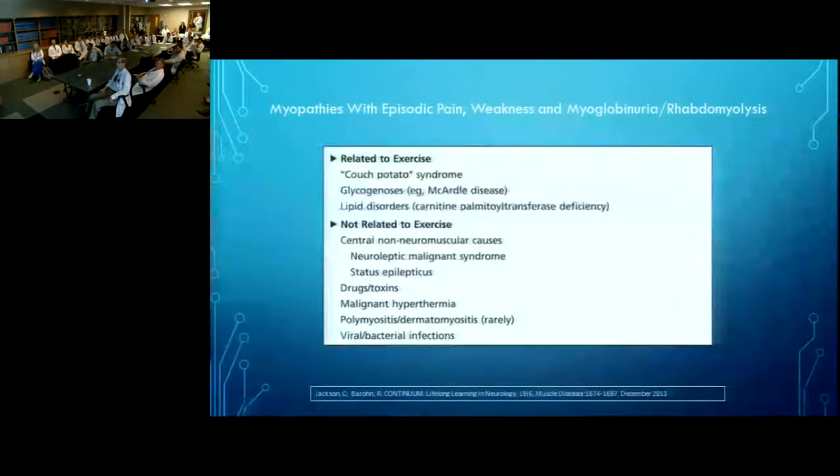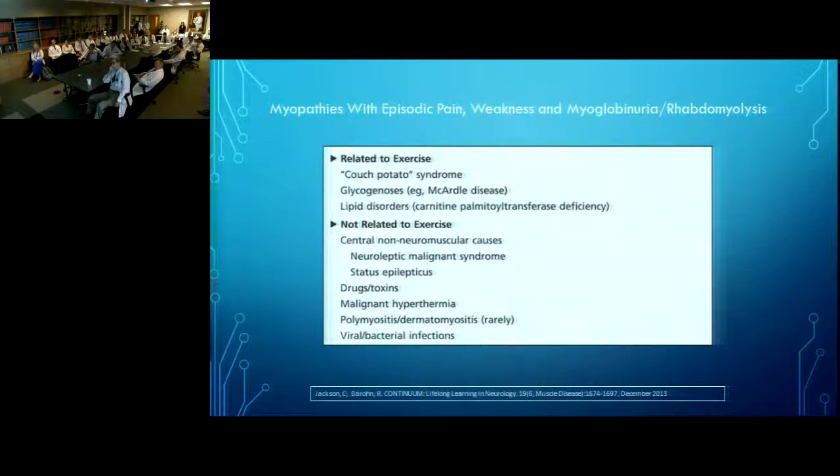But if patients are having recurrent rhabdomyolysis, then you will consider metabolic diseases like glycogenosis and lipid disorders. If the symptoms are not related to exercise, then you'll think of causes like status epilepticus, neuroleptic malignant syndrome, drugs, toxins, malignant hyperthermia, and rarely the inflammatory myopathies.